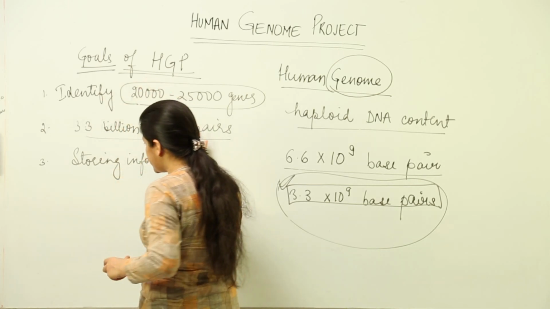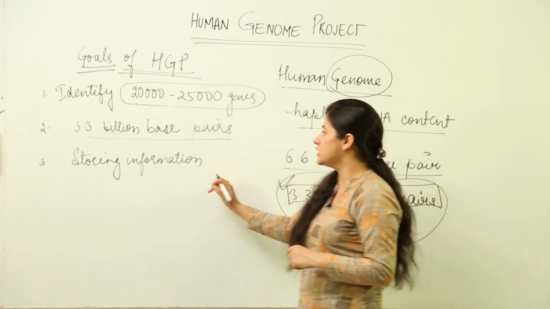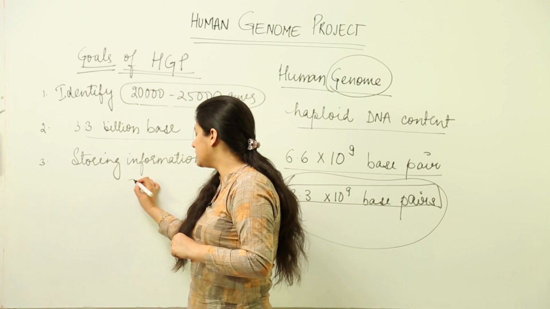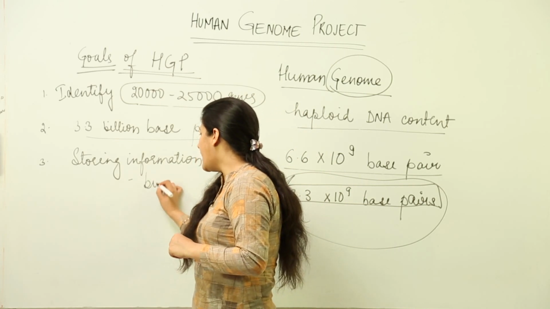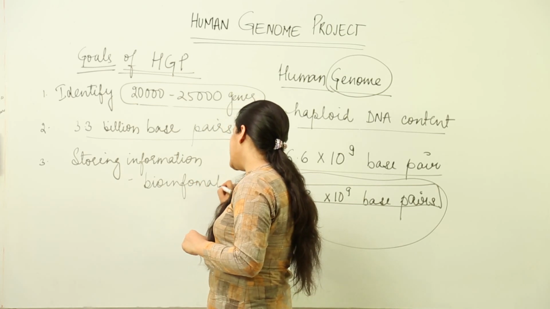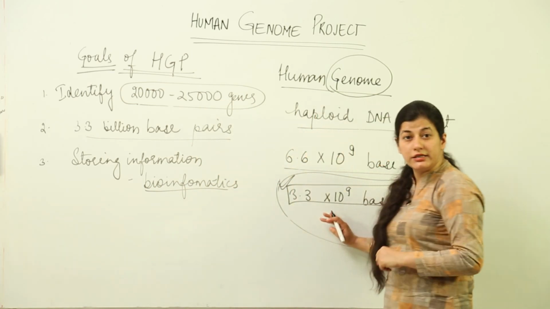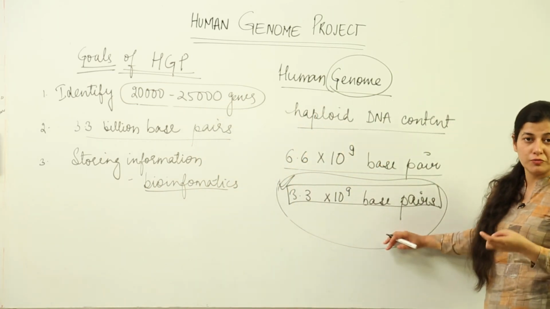Storing the information that was collected out of this in various databases coined the field in biology known as bioinformatics. Now you see, this itself is a huge number, 3.3 billion, almost half the human population of the world.